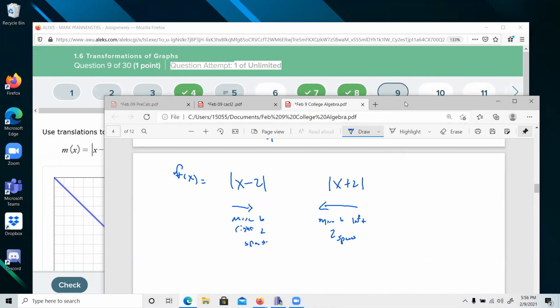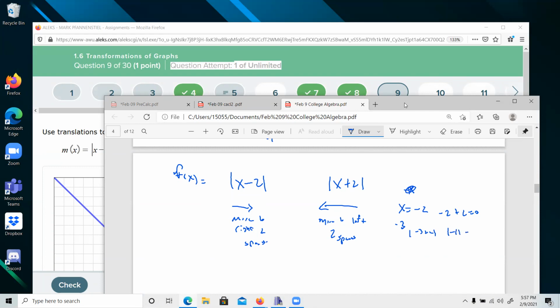If it helps you, I'm not going to be looking over your shoulder to know what you did or didn't do. If it helps you to plug in and ask, okay, what if x is equal to -2? Well, then -2 plus 2, okay, that's the 0 point. Okay, what if x equals -3? Well, then we have -3 plus 2, absolute value.